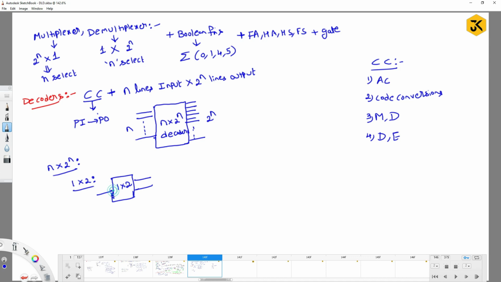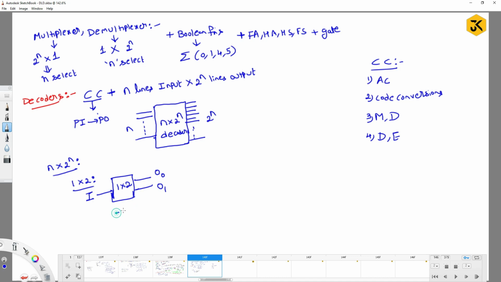Whatever input you give, for example the input I, is redirected to either the O0 line or the O1 line. Let's define the characteristic table for this.